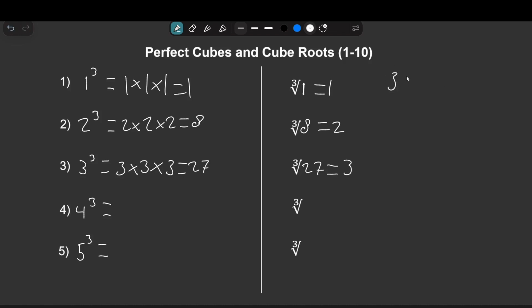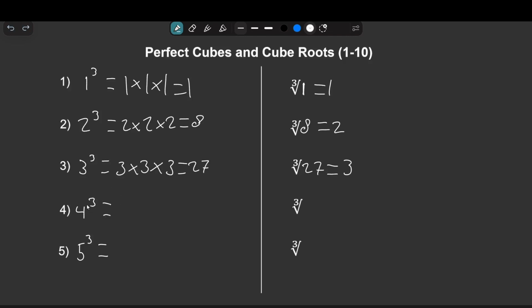So even if it were like this, 3 with an exponent of 4, you don't do 3 times 4. You do 3 times itself, but 4 times. So the exponent, this tiny number on the top right, basically says how many times we need to multiply our base by itself. So let's go on to number 4.